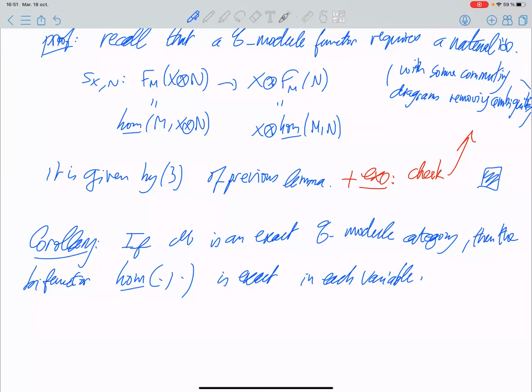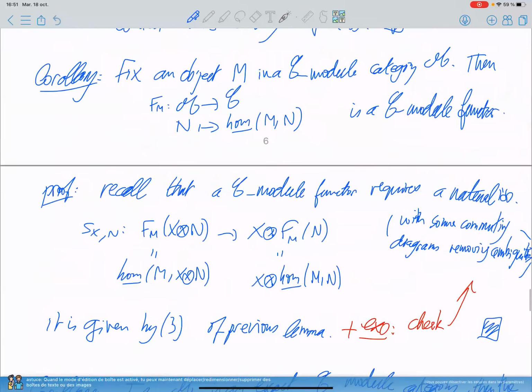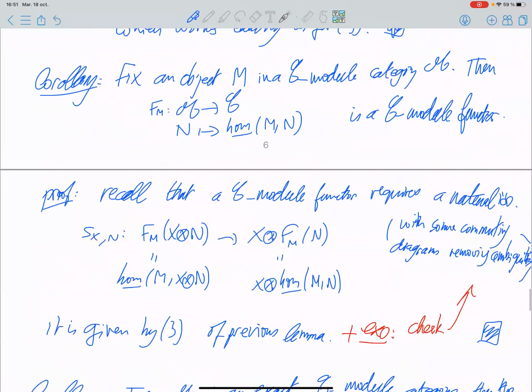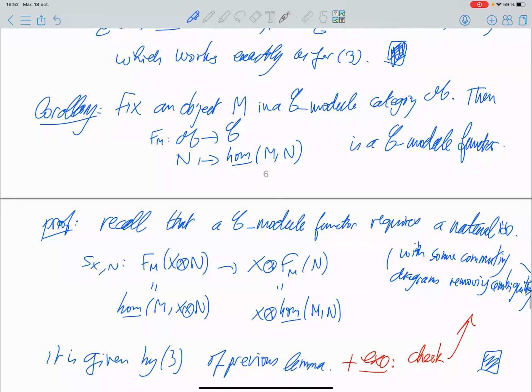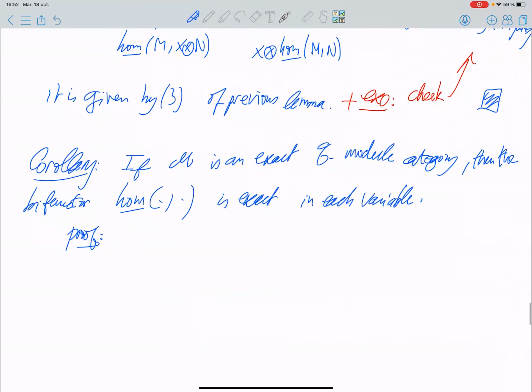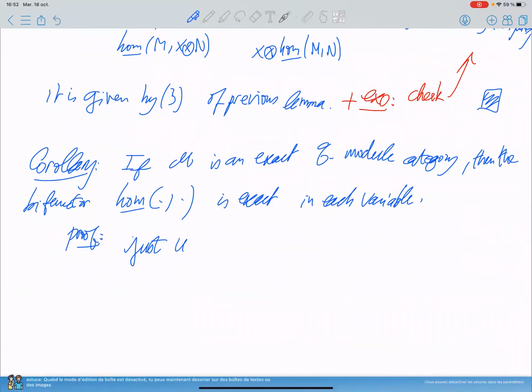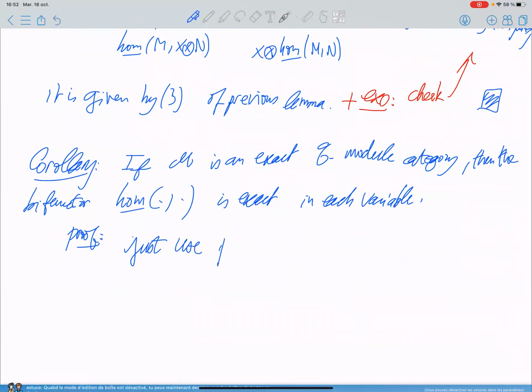Proof. So the proof, you just need to use the previous corollary and some previous proposition involving a C module category functor. We mentioned it last time. So just use the previous corollary.